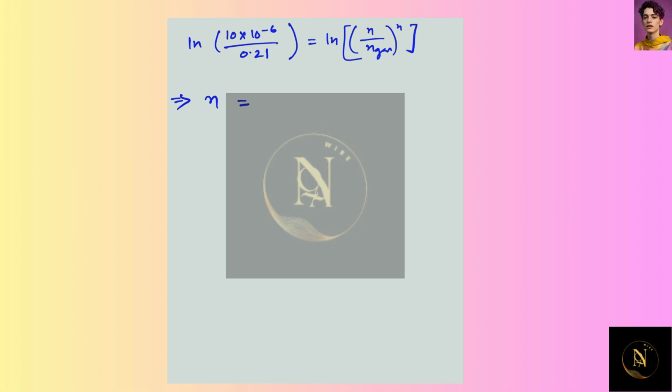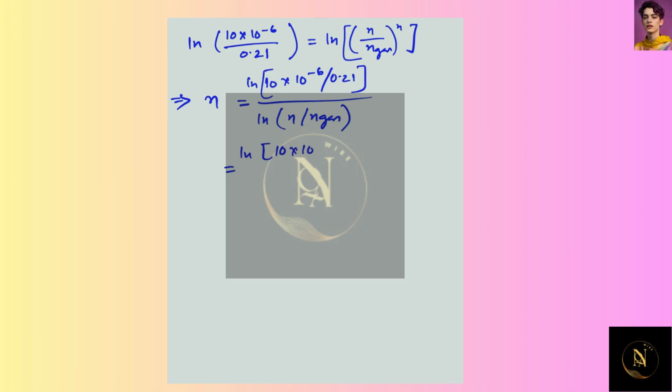Therefore n is equal to ln of 10 multiplied by 10 to the power -6 divided by 0.21, divided by ln of number of moles of air divided by number of moles of gas.